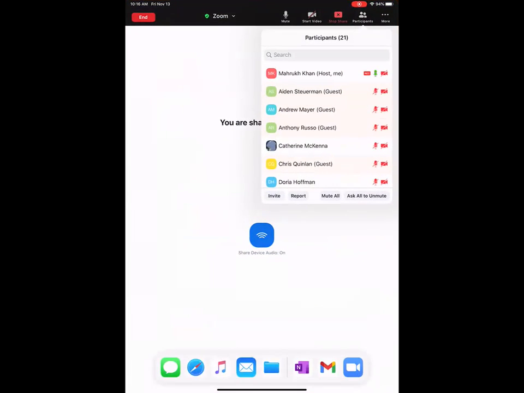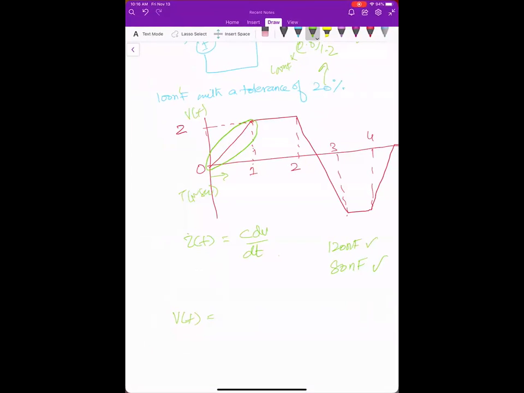Anthony, what do you think? What should I do to find this? Because if I don't have the voltage waveform, I cannot solve for the current.